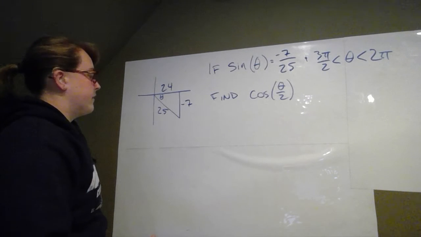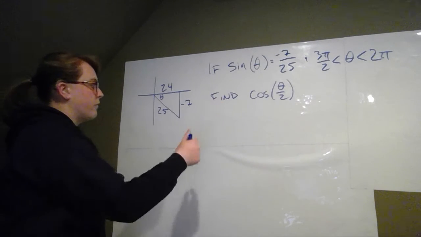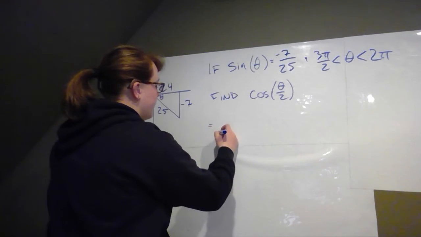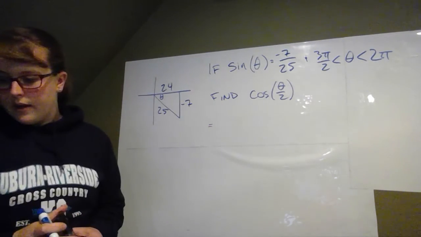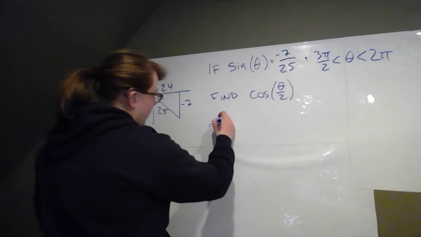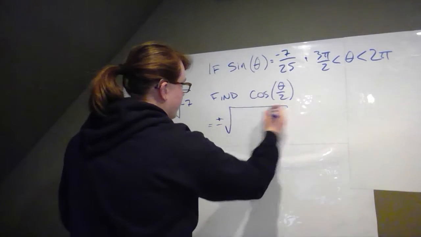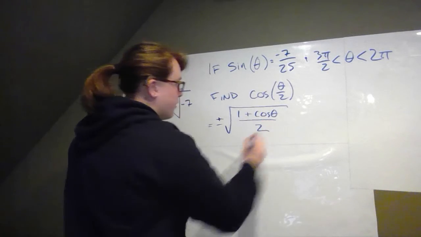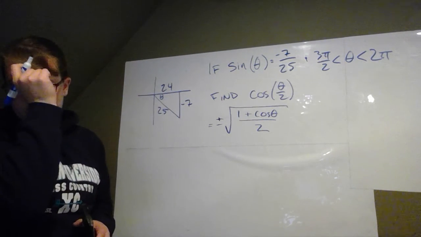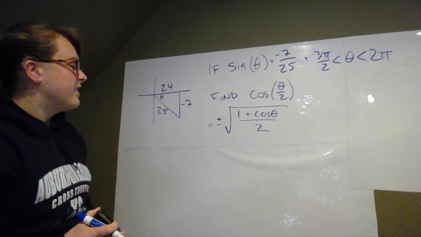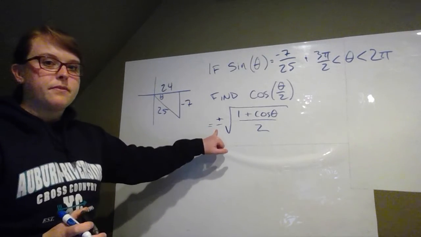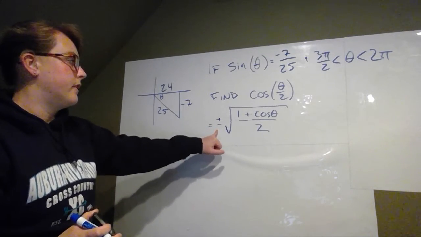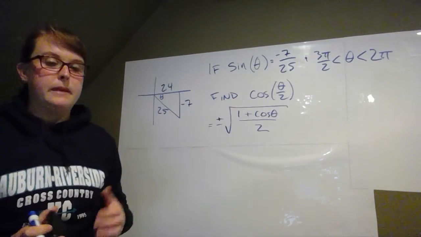So let's see. To find cosine of theta over 2, we're going to use the formula. Cosine theta over 2 equals plus or minus the square root of 1 plus cosine theta over 2. Okay, and so the plus or minus comes from the quadrant that the angle theta over 2 is going to be in.